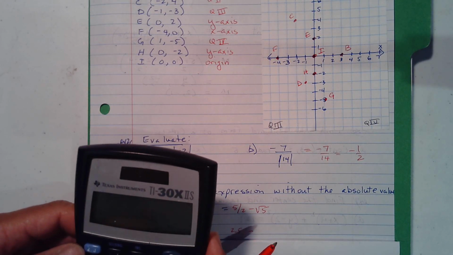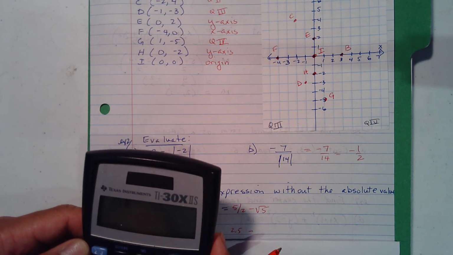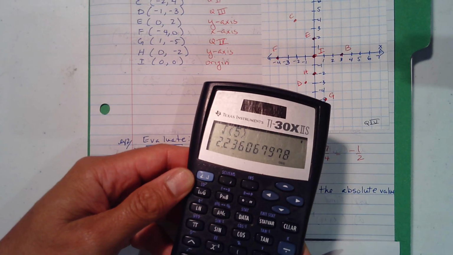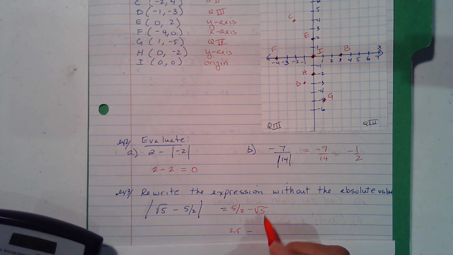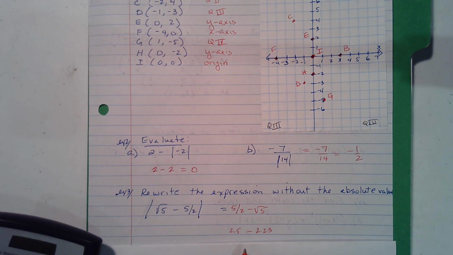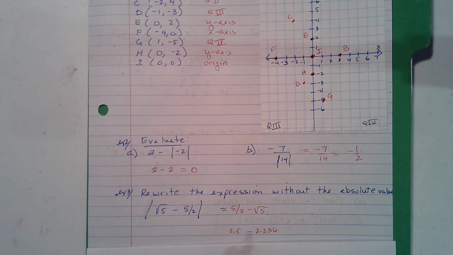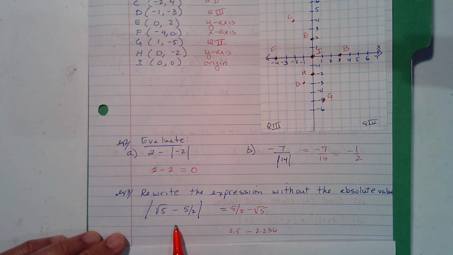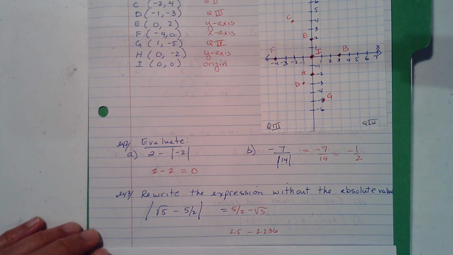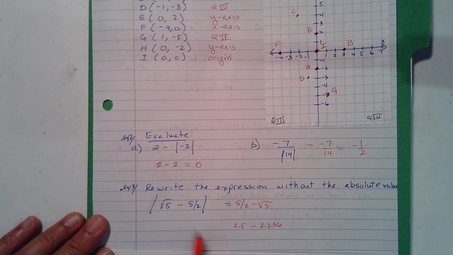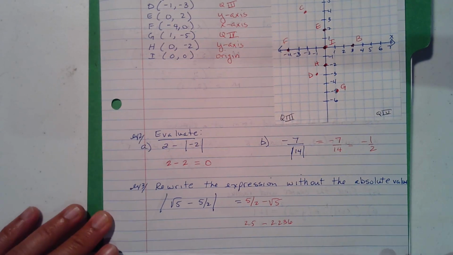The square root of 5 is roughly 2.236. And we know that 2.5 minus 2.236 will still be a positive value. So therefore, this is equivalent to this. Again, absolute value means we're talking about distance, and distance is always measured in positive units. If I had this switched around, we would have a negative value, and these two would not be equal.